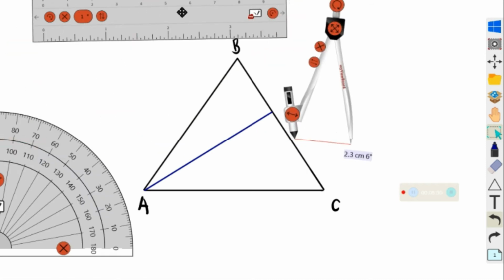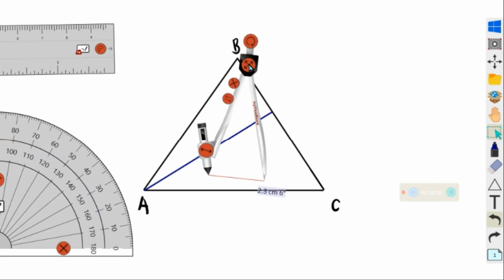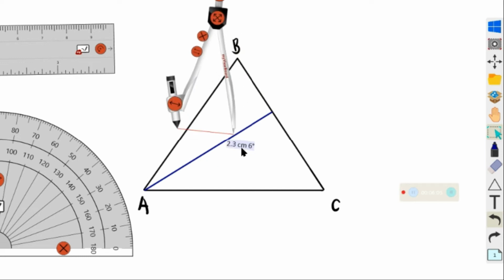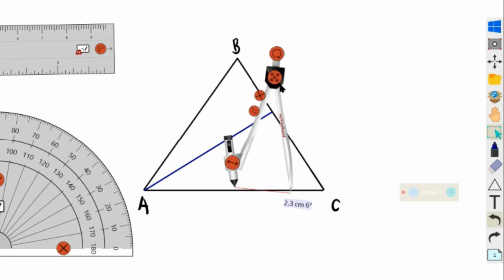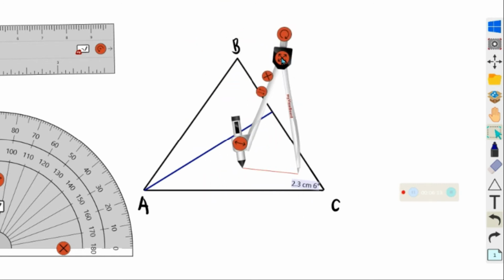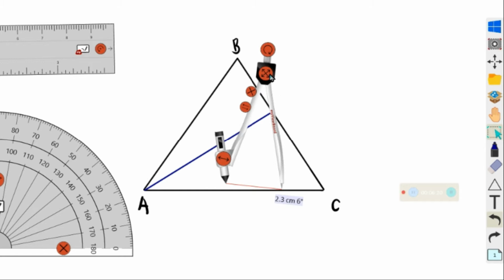So, again, para gumamit ng compass, ang kailangan natin ay ang pointy end, ilalagay dun sa vertex, and then, magfo-form tayo ng arc on the opposite side. So, kailangan may 2 points siya may intersect. Then, after that, yung 2 points na yon yung paglalagyan natin ng point end, and then, gagawa tayo ng arc.